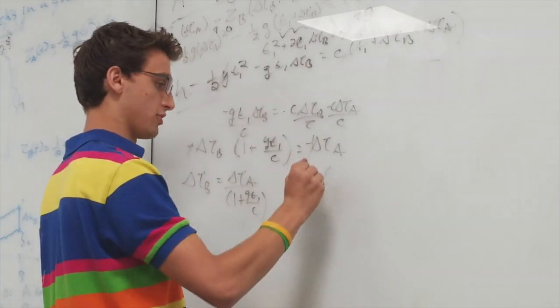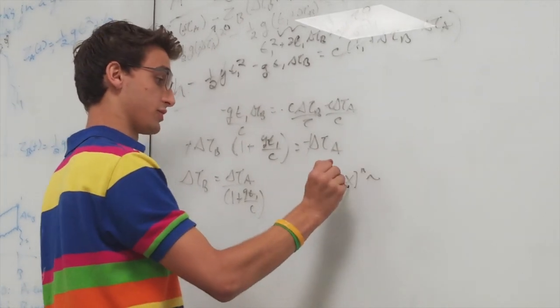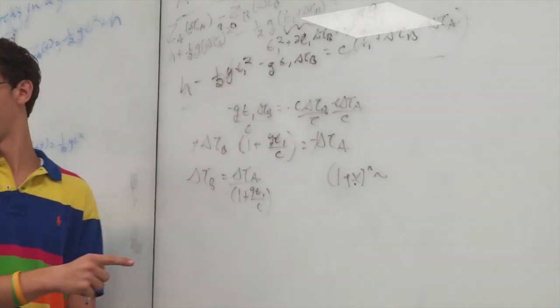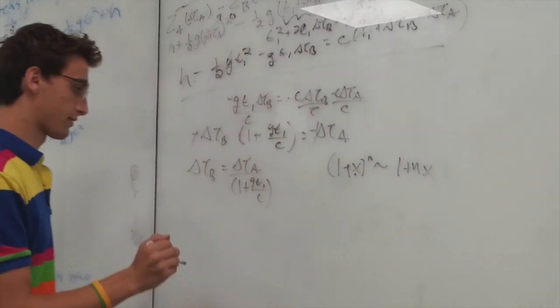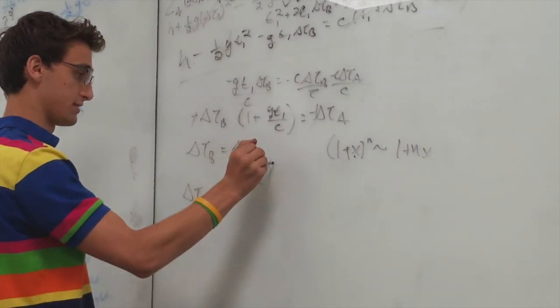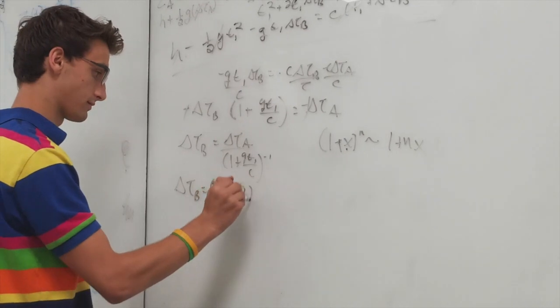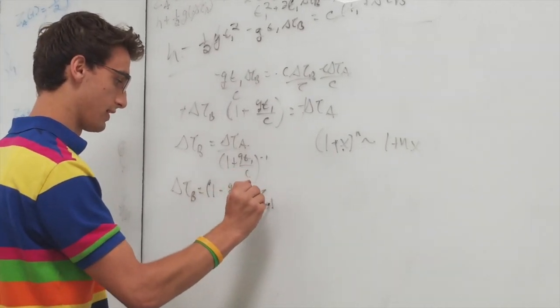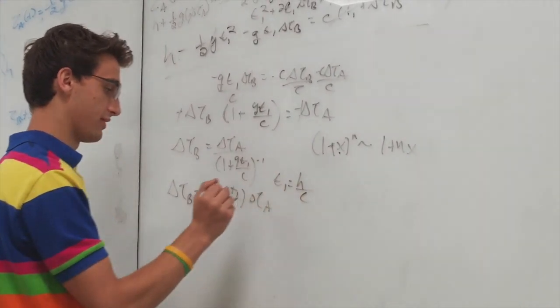We could use the binomial expansion, which is just 1 plus x to the n. For small x, where g t over c is much smaller than the speed of light, that's just 1 plus n x. So delta tb is just, and this is minus 1, so 1 minus g t1 over c, where t1 is just the height over the speed of light.